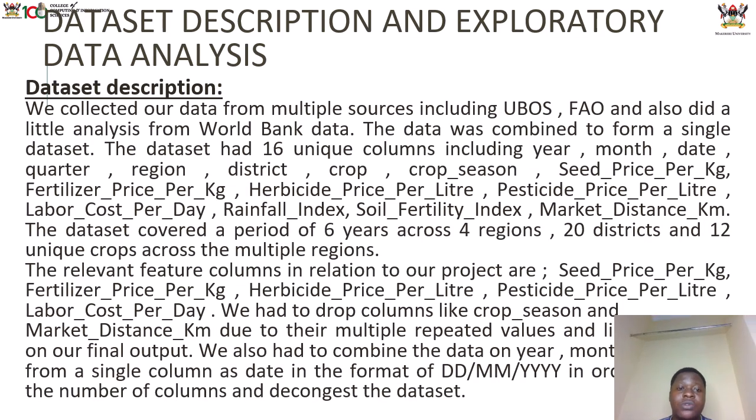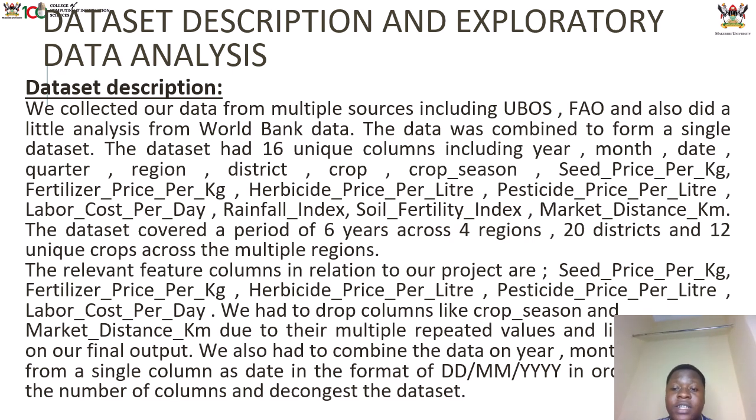So now I'll take you through the dataset description and exploratory data analysis. How did we generate our dataset? We mainly generated our data from two government organizations, that is UBOS and FAO, and then we combined the data into one in order to capture the relevant data columns that we require. For example, the seed price per kilogram, fertilizer price per kilogram, herbicide price per liter, pesticide price per liter, labor cost per day, rainfall index, soil fertility.